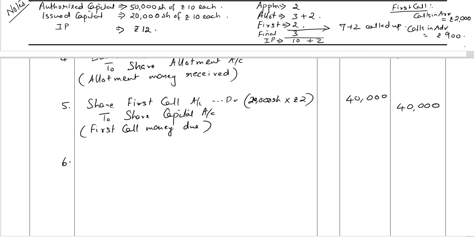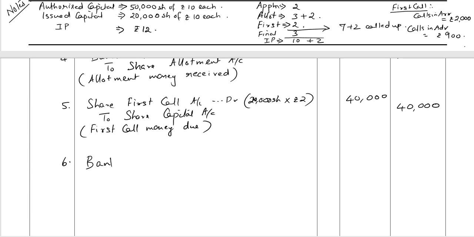The sixth entry, we need to pass a combined entry for receipt of calls in advance of 900 and also open a calls in arrears account showing that we did not receive 2,000 rupees.